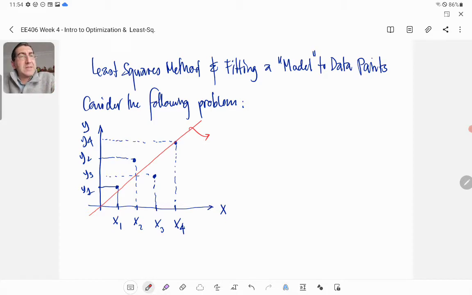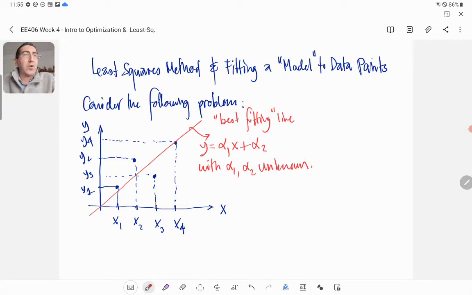Okay, so we know that this has a functional form. So this best fitting line has a functional form that is essentially a function of x, but also a function of a number of unknown parameters. For a line, we know that we have two unknown parameters, alpha 1 x plus alpha 2, with alpha 1, alpha 2 unknown.